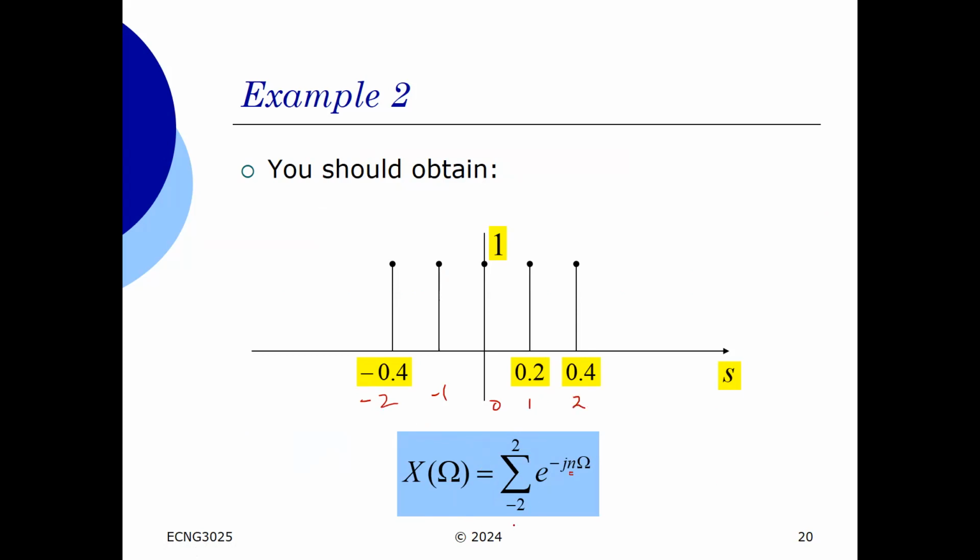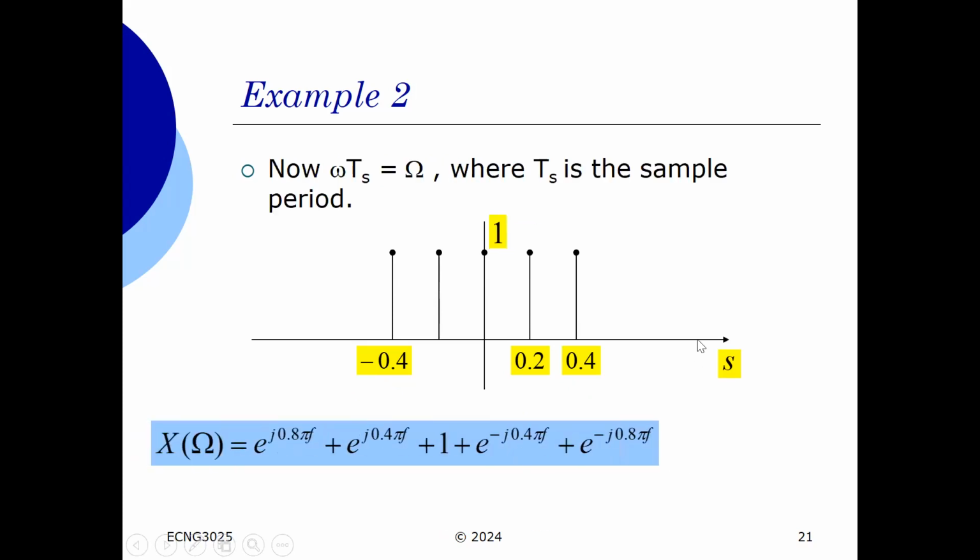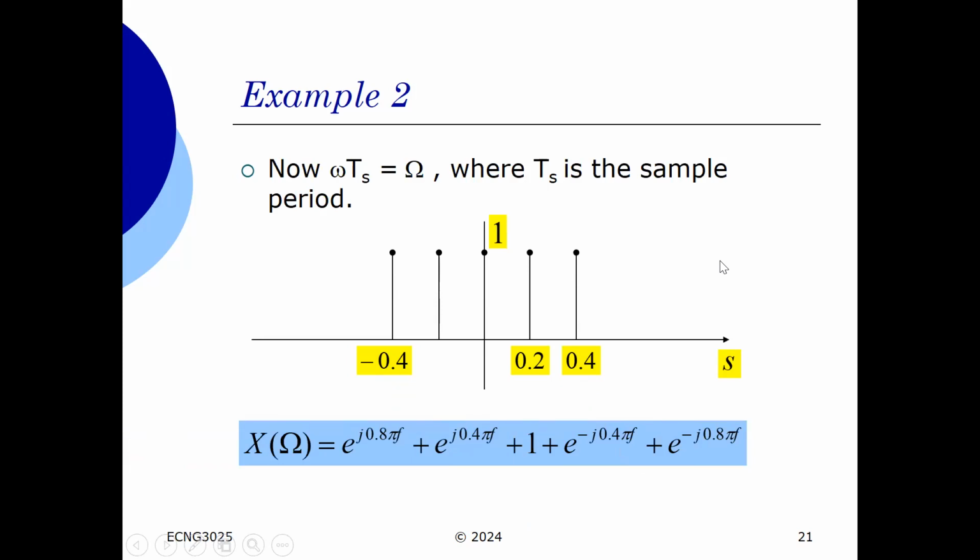So the samples, instead of running from minus infinity to infinity, run from minus 2 to 2. Those are my 5 samples. And of course, all the samples are 1, which is why I do have it inside of here. If you expand it, this is what you get. I'm using f here. Remember, f is 1 over Ts. Okay? So I am now in a position where I can plot this.